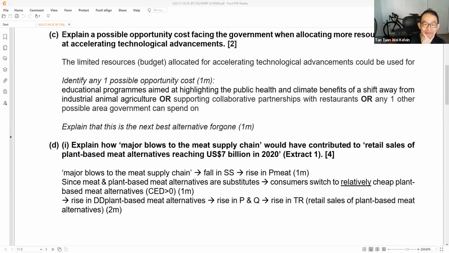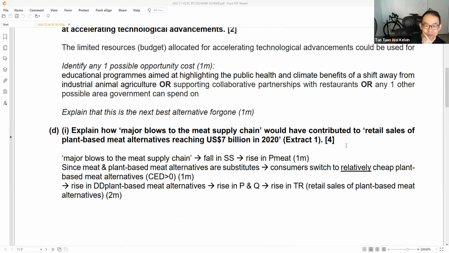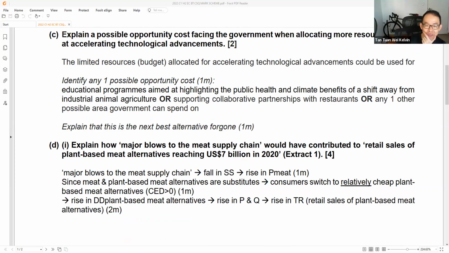For part D, let's take a quick look. You must say that there is a fall in supply. This is very similar to the case study we went through last week. When there's a blow in meat supply, supply falls and the price of meat goes up. Then you must state that plant-based meat and conventional meat are substitutes.